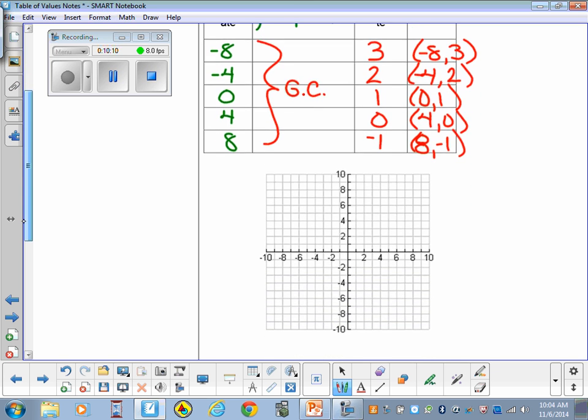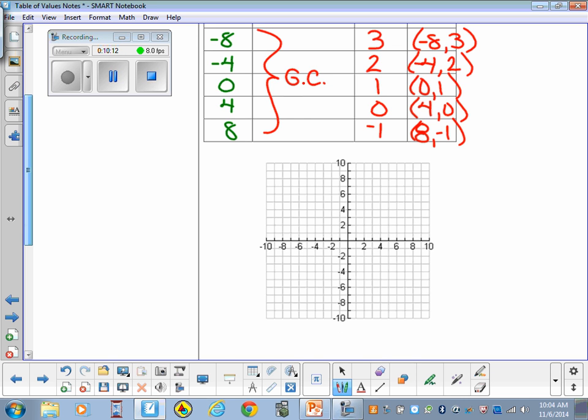I have to graph those. Negative 8, 3; negative 4, 2; 0, 1; 4, 0; 8, negative 1. Make sure you use your straight edge.